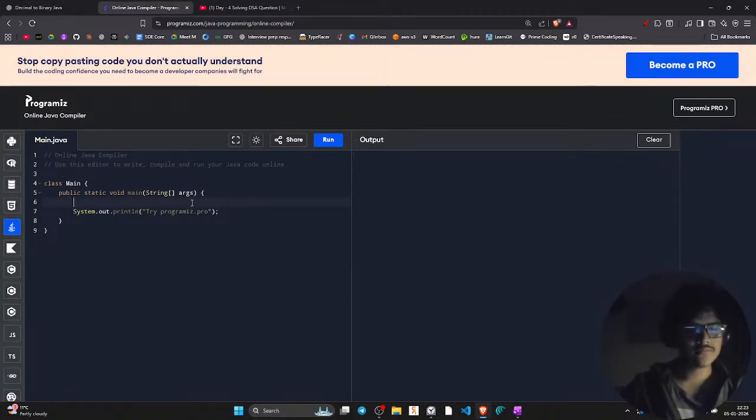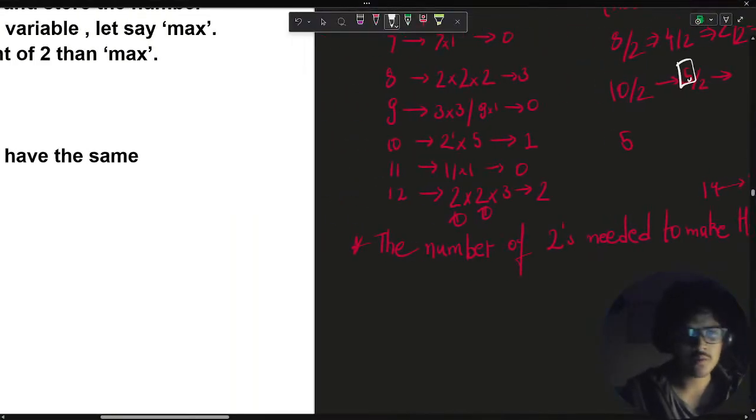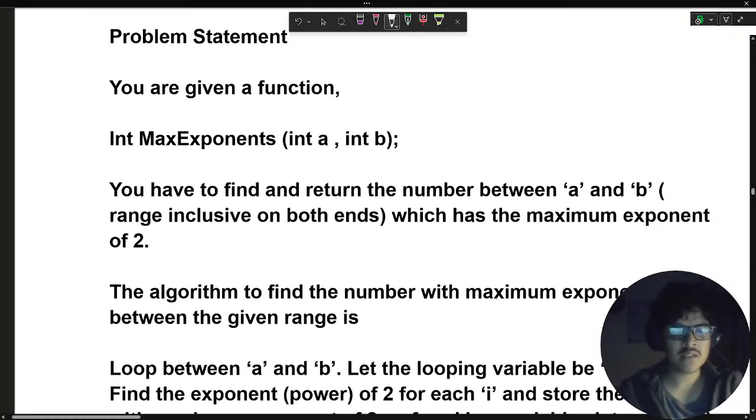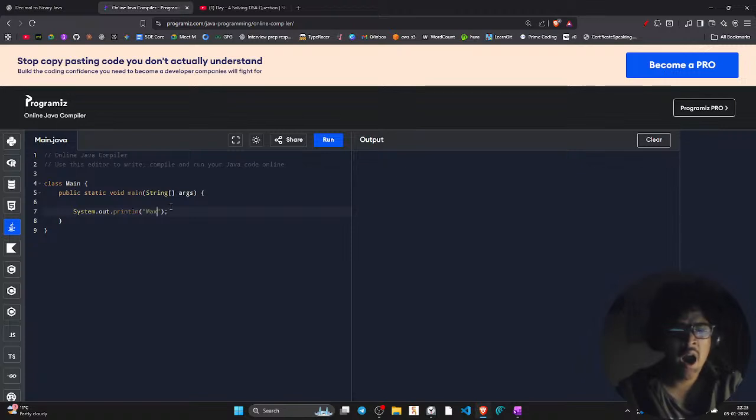Okay, so what are we basically seeing? Max, what was the max exponent? What was the question? Max exponents.